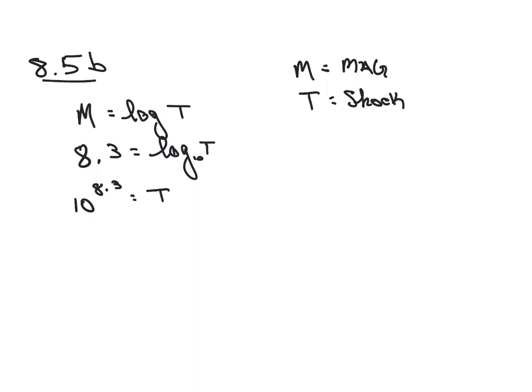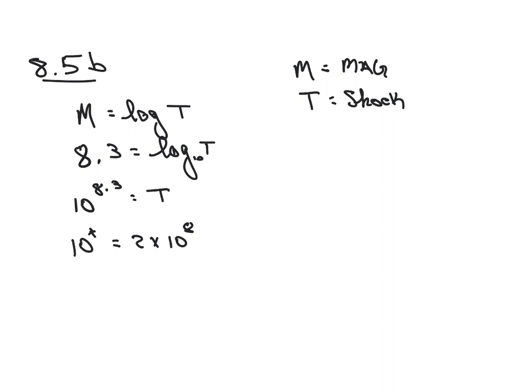So all I'm going to have to do is take my calculator, do my 10 to the x power, and I'm going to put the 8.3 in there for my x, and that's going to give me my T, which you should get 2 times 10 to the 8th power, or 2 with 8 zeros after it. So that ends up being, what was that? Nope, that's 9 zeros, sorry. Anyway, 8 zeros after it.